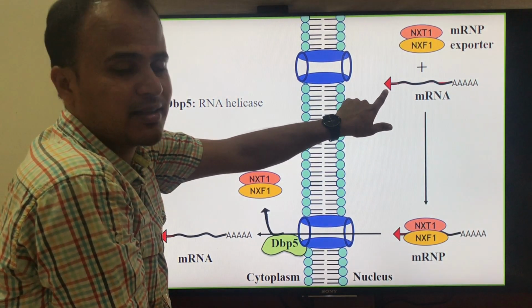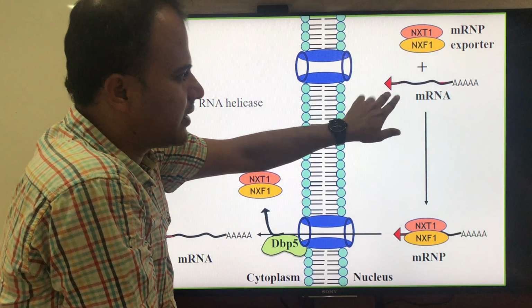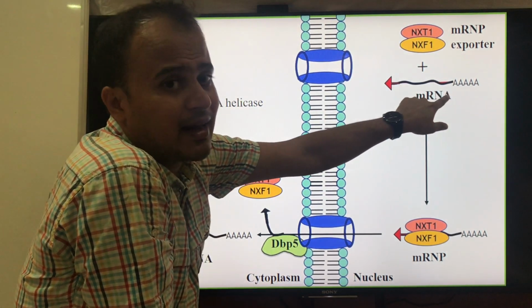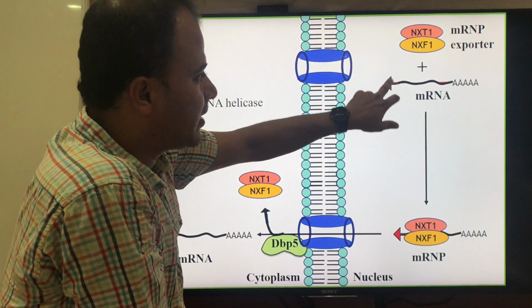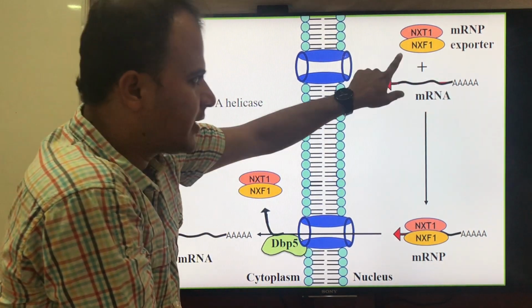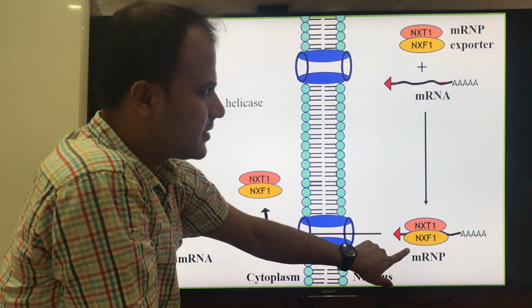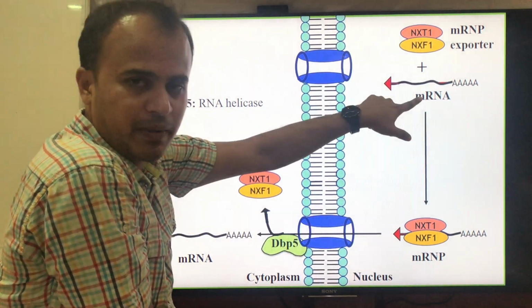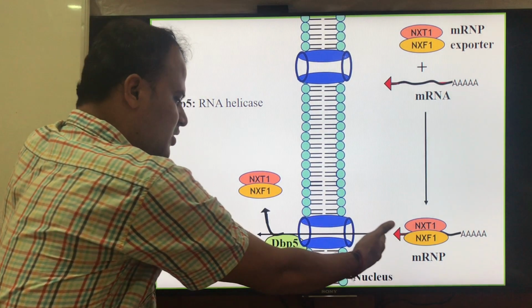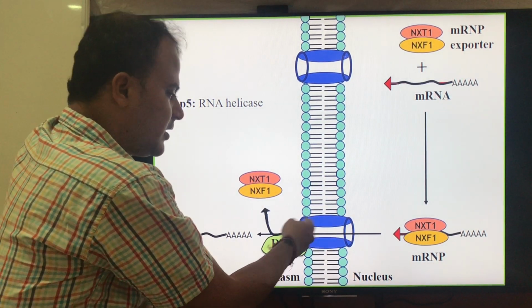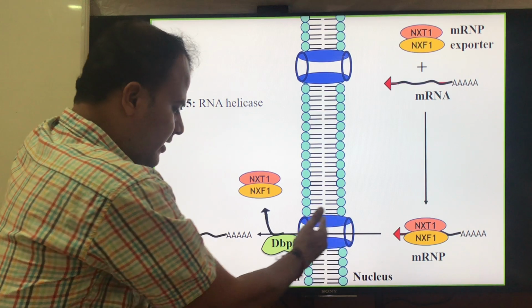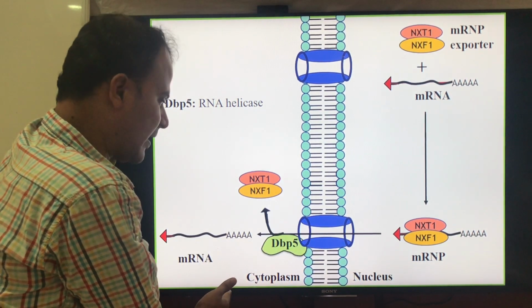This is the cap. A mature mRNA has a cap as well as a poly A tail, as I have explained in the previous videos. The mature mRNA is interacting with the mRNP exporter. The mRNP exporter recognizes or interacts with the FG nucleoporins and travels into the cytoplasm.